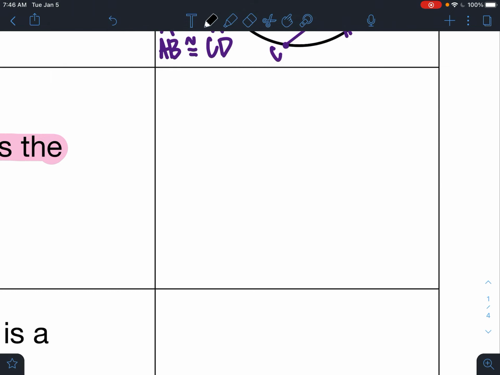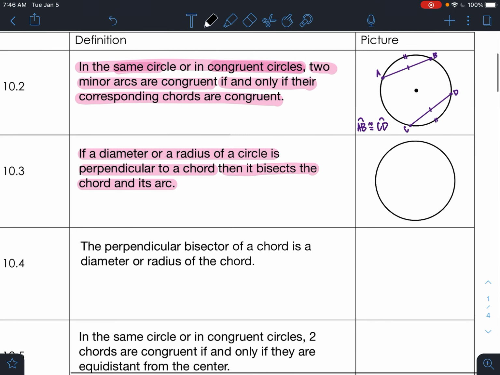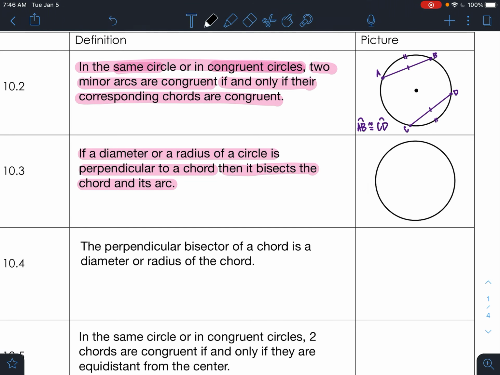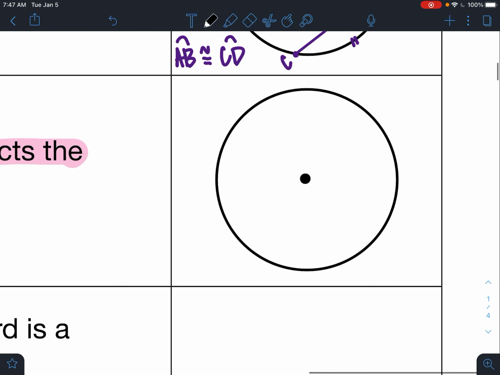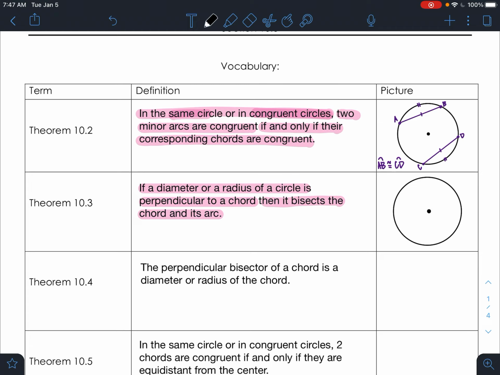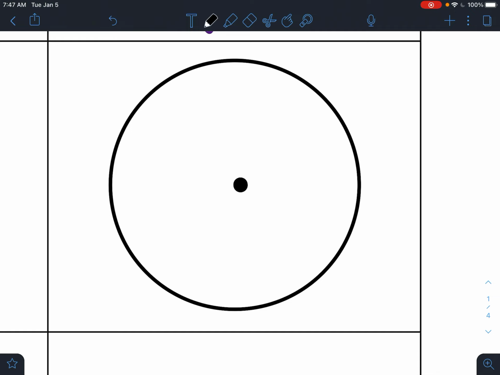So we're going to draw our circle again, and we're going to put in our center. Now we're going to draw in a chord, and I'm going to draw it so that it's going straight down here.